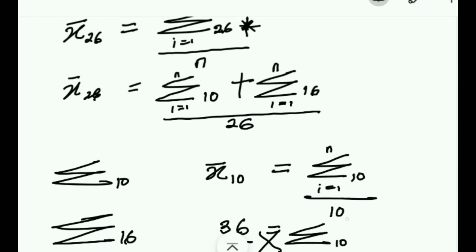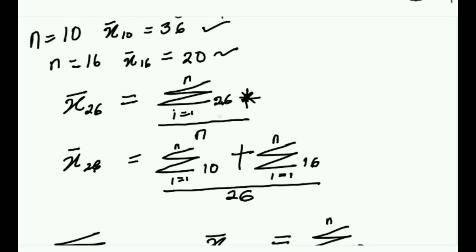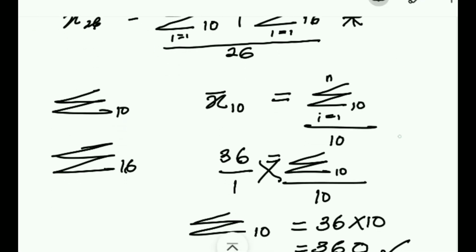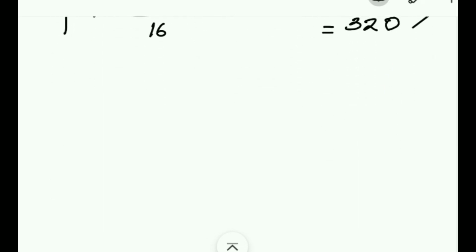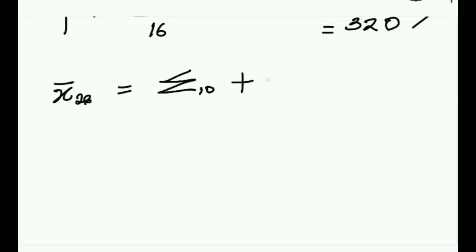So the mean of the 26 will be the summation of the 10 plus the summation of the 16 scores divided by 26 when it is combined. So let's combine this together: the mean of the 26 is equal to the summation of the 10 plus the summation of the 16 divided by 26.